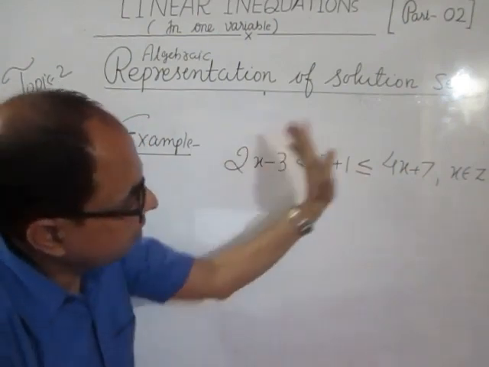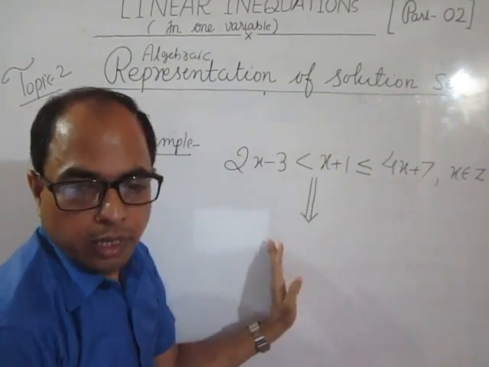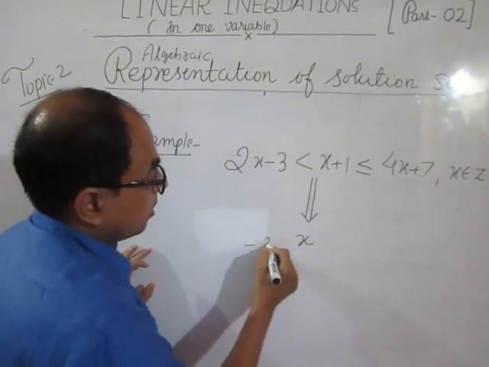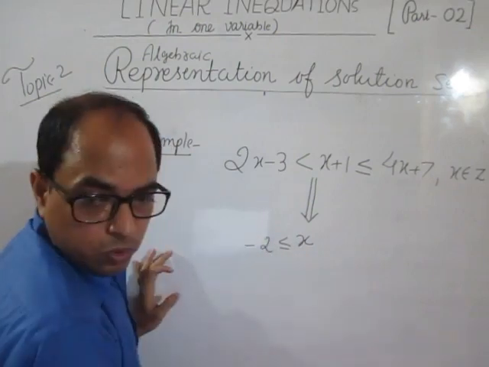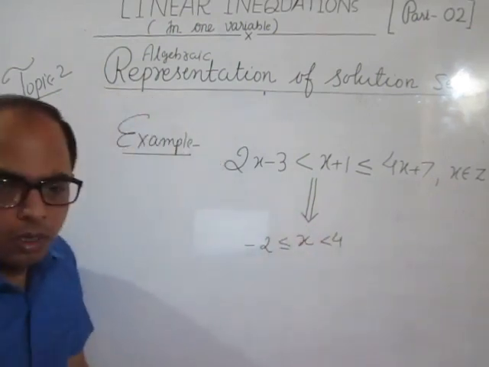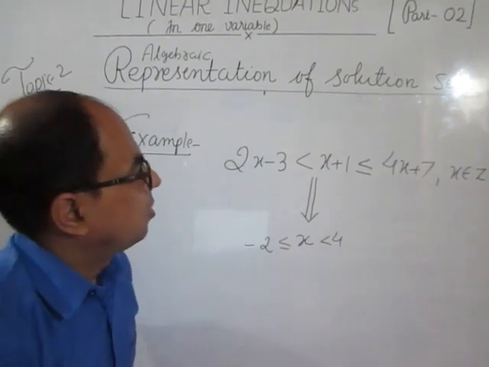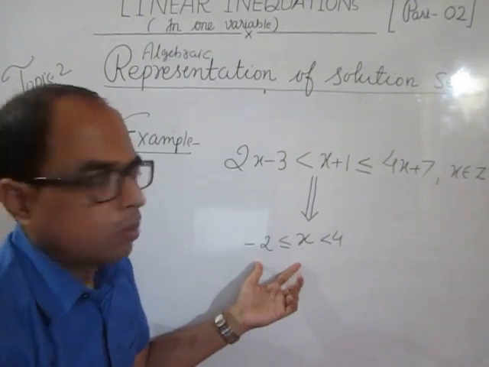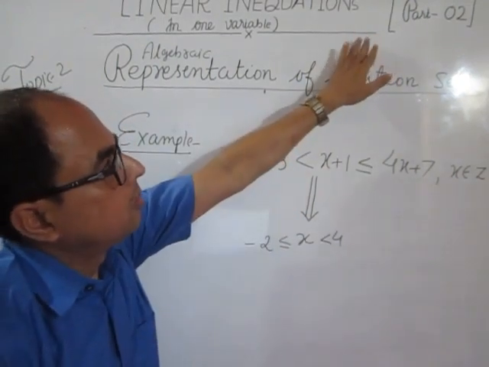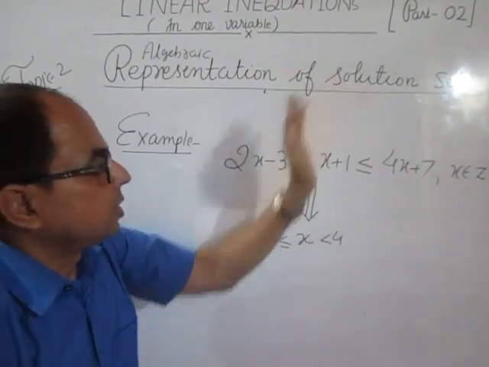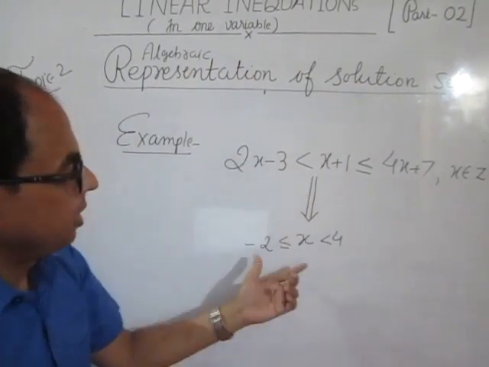So after solving this inequation, we will get x greater than or equal to minus 2 and less than 4. How I am getting this answer is not important for this part, because in this part we are only discussing representation of the solution set. So after solving, suppose we are getting this answer.